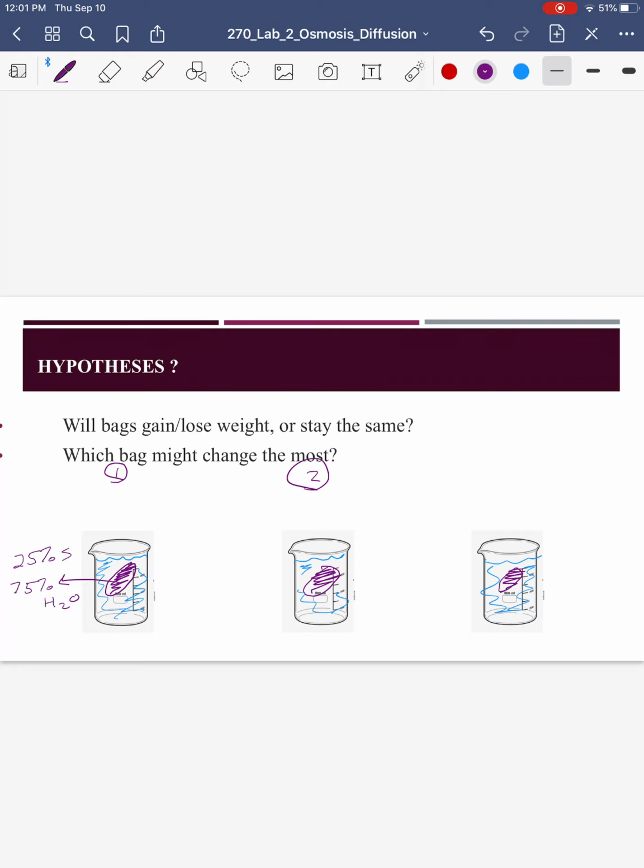Bag number two had 50% sugar, and then the remaining 50% was water. And then, of course, our bag number three had 75% sugar, which meant 25% water. So those are our solutions inside the bag. And then what is our solution outside the bag? Well, in the beaker, it is all water. So that, my friends, is easy.